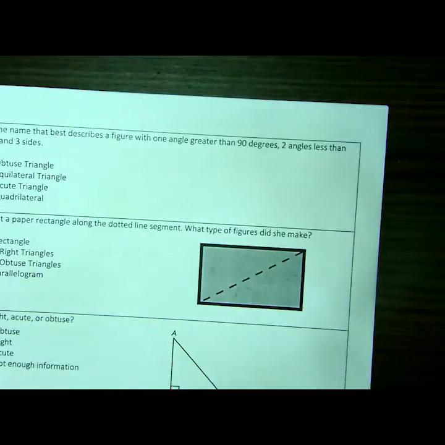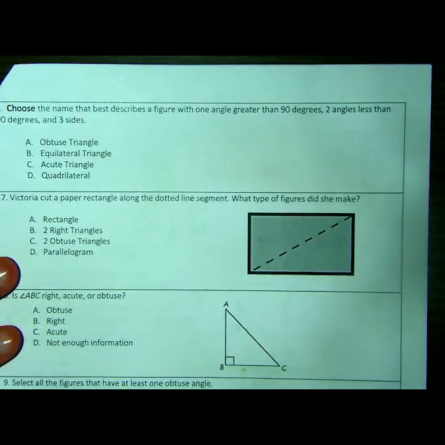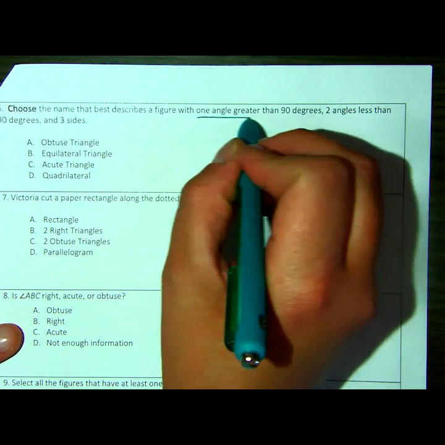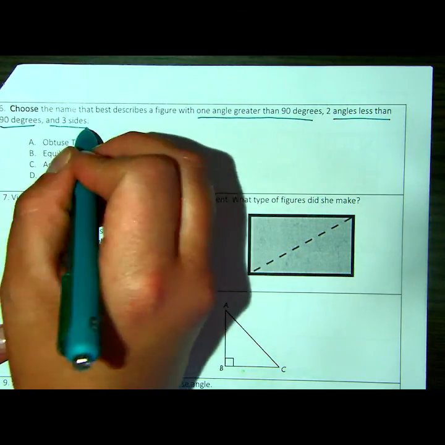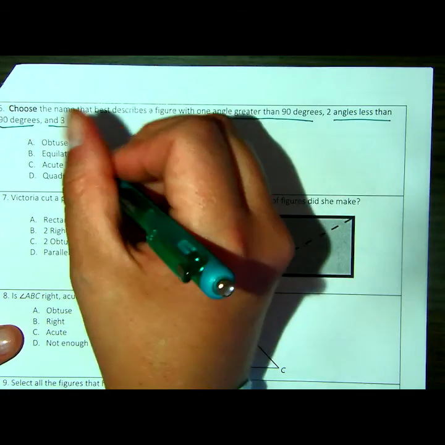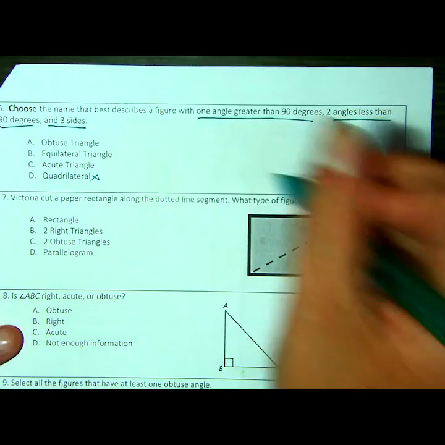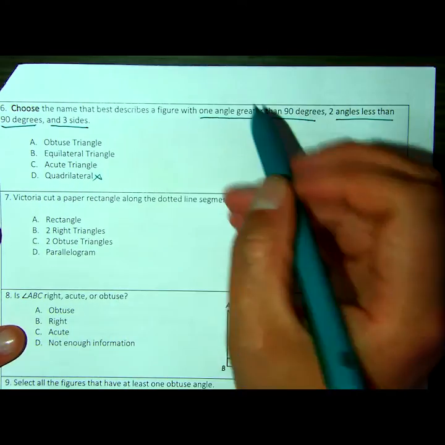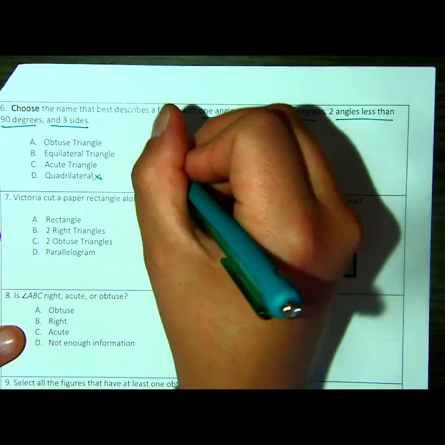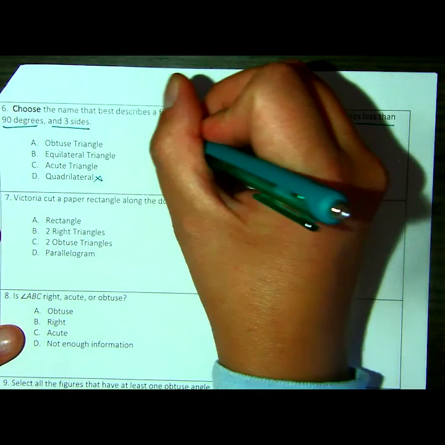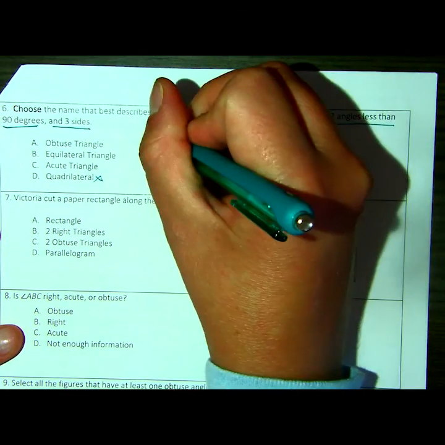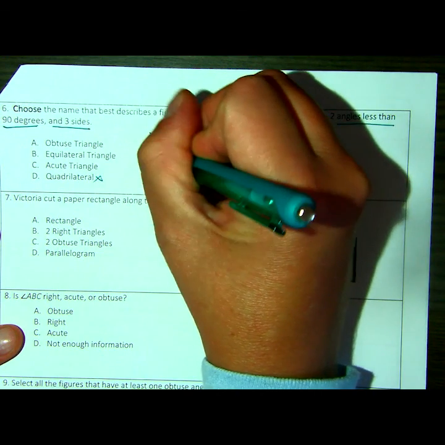Choose the name that best describes a figure with one angle greater than 90 degrees, 2 angles less than 90 degrees, and 3 sides. All right, so 3 sides, I know quadrilaterals out. It's got to be a triangle. But now let's look. One angle is going to be greater than 90 degrees. So I'm just drawing that. And then 2 angles less than 90 degrees.